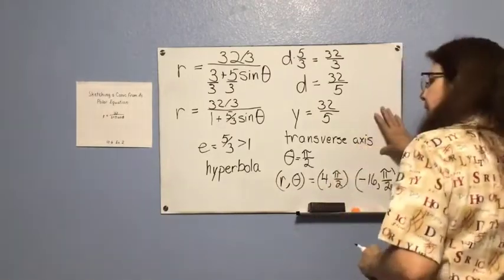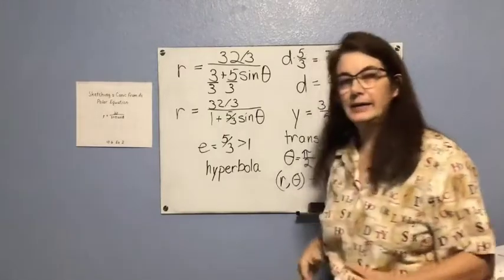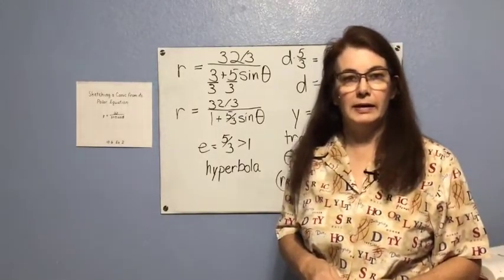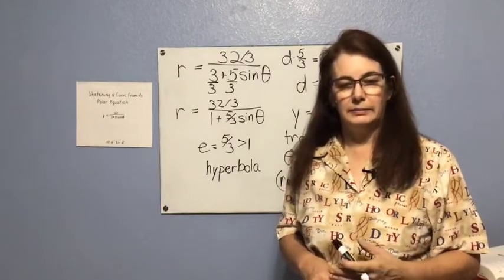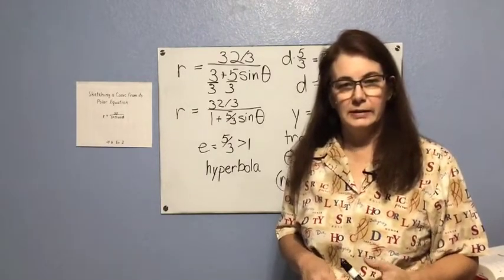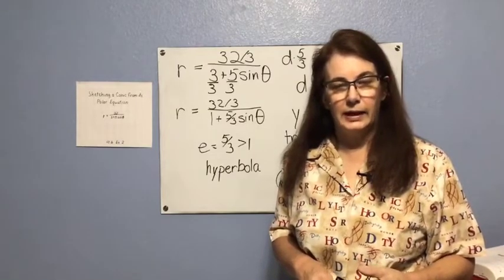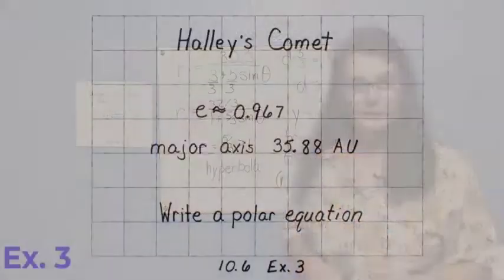And I can use my same identities that I used before with a, b, and c to find the transverse axis, the conjugate axis, and the location of the foci.